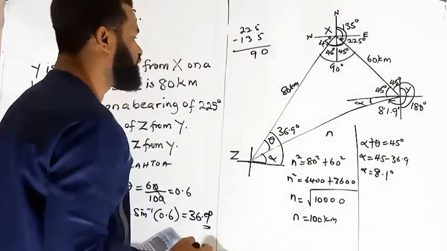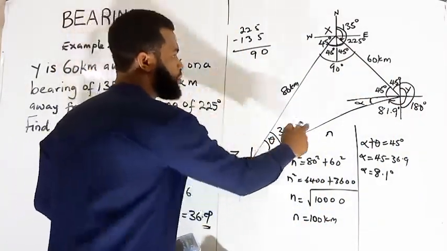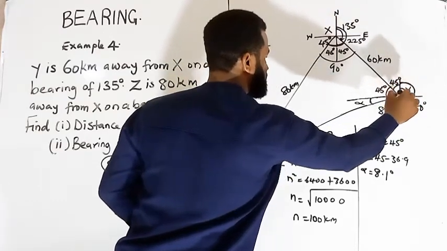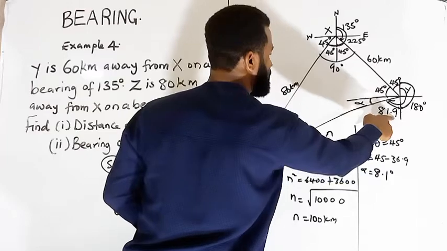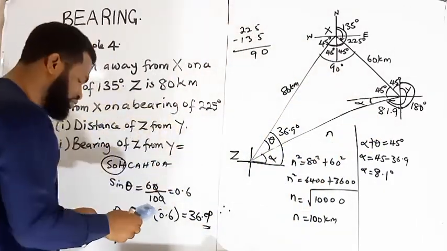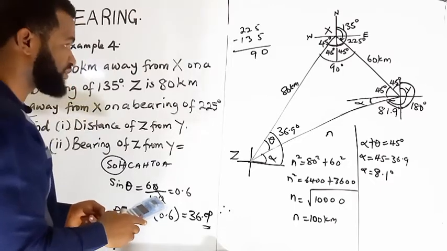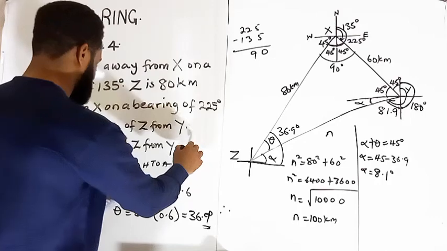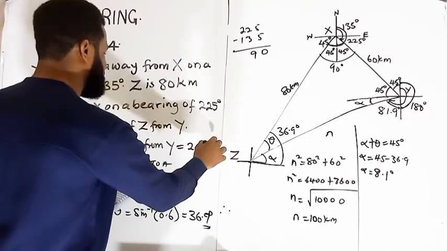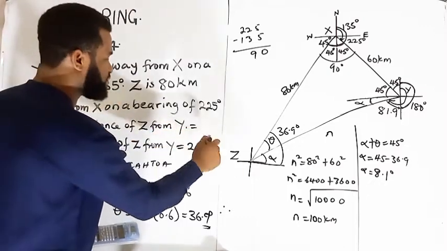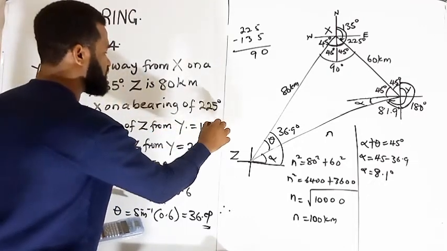So the bearing of Z from this Y is going to be from here. So that is 180 plus 81.9. Therefore, this answer is going to be 261.9 degrees. While the distance of Z from Y is going to be 100 kilometers.